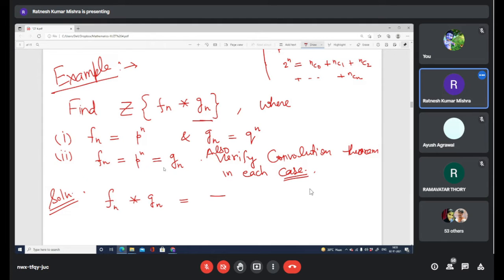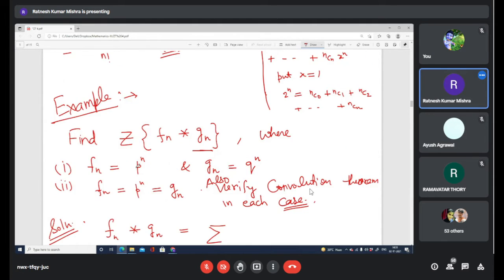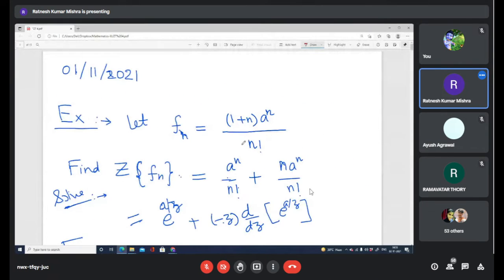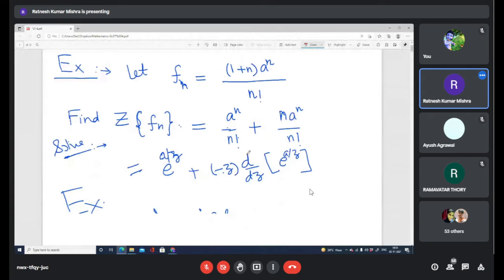This is summation from the starting, fk and g of n minus k. Here it is p power k into q power n minus k.